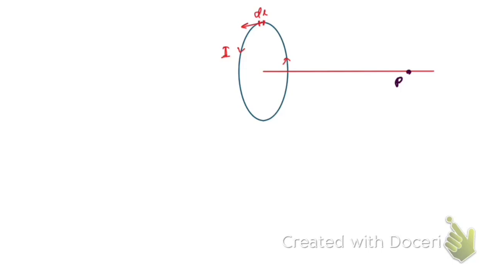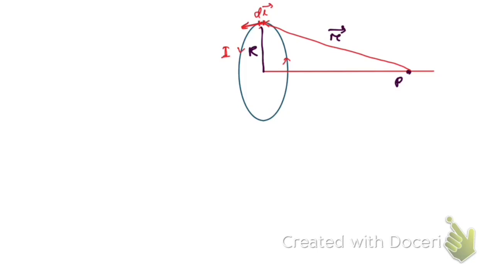At this portion the direction of current is this, so in the same direction I have taken the direction of dl. Let me write this as dl vector, and the radius of the loop is capital R, and the distance from this element to the point P is small r. If we consider the position vector of P with respect to dl, then we can write this in vector form.